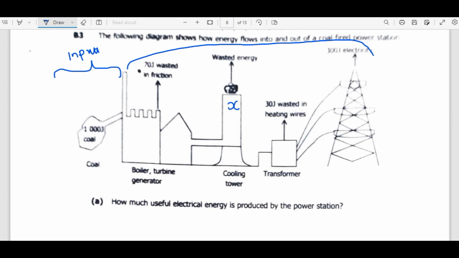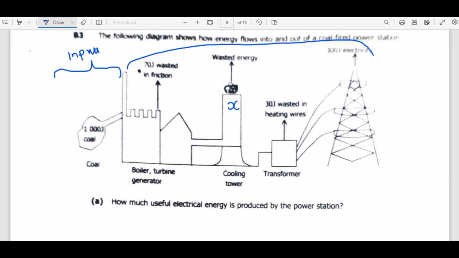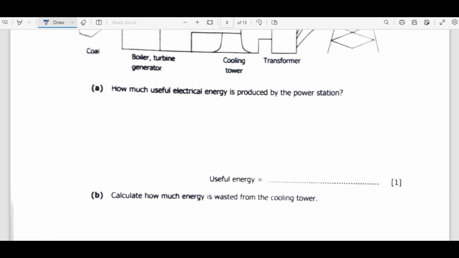Now question A, how much useful electrical energy is produced by the power station? So how do we calculate this question here? So from the question, the useful electrical energy produced is just 300 joules.